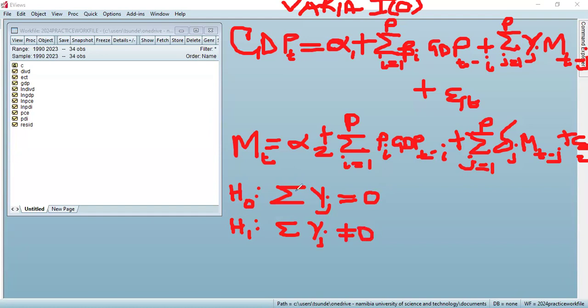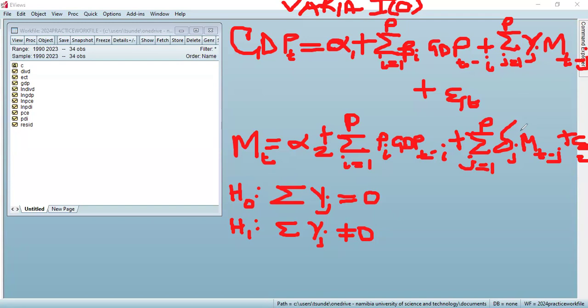The null hypothesis is saying that money supply does not Granger cause GDP, and the alternative hypothesis says that money supply Granger causes GDP. So this is the hypothesis we use to test whether money supply Granger causes GDP in the first equation.